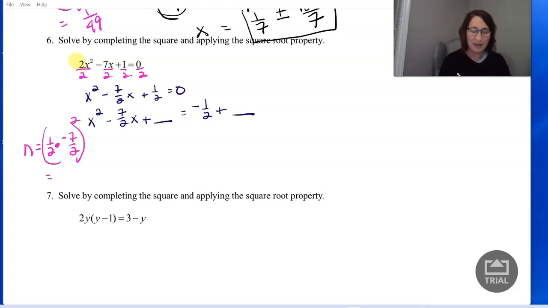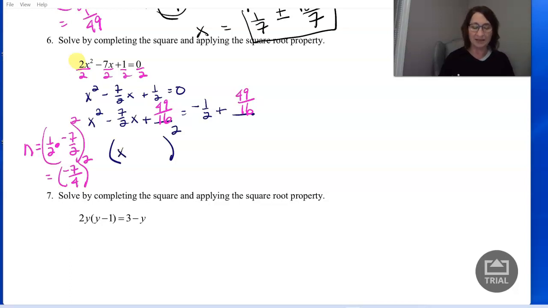So that's going to be a negative 7/4 squared, which is 49 over 16. So that's what gets added to both sides. All right, so now on the left, I'm going to go ahead and create my binomial squared. That's going to be x minus 7/4.